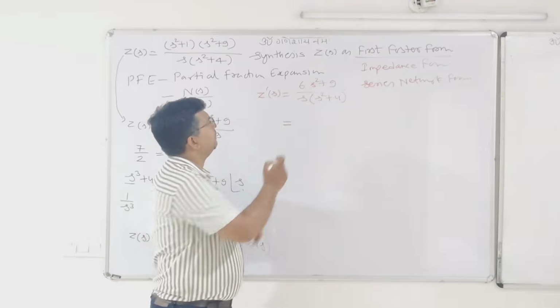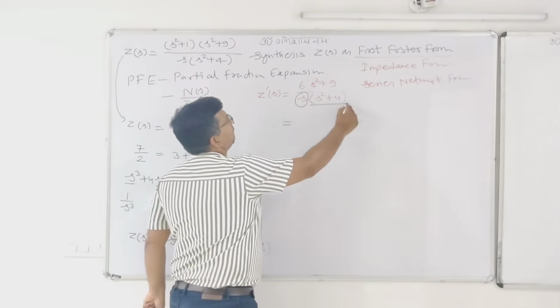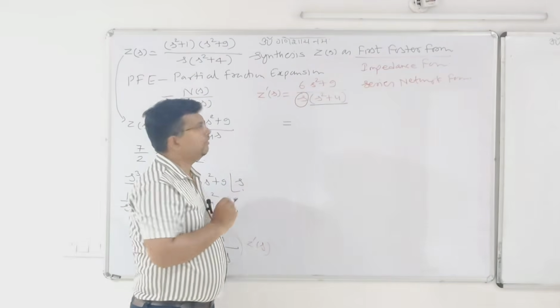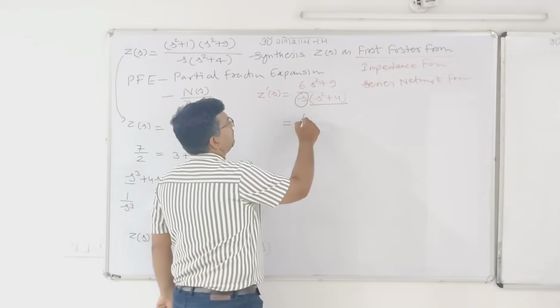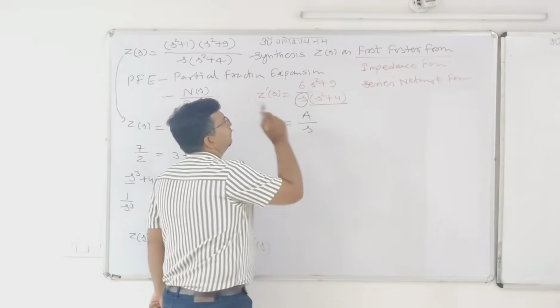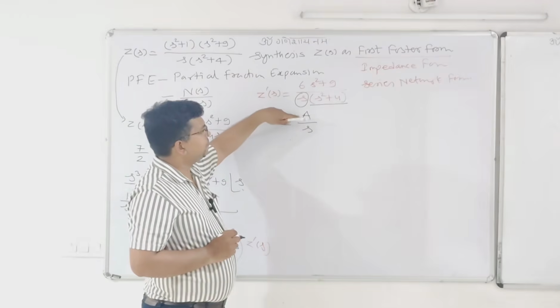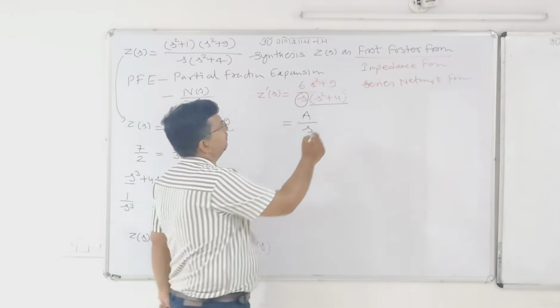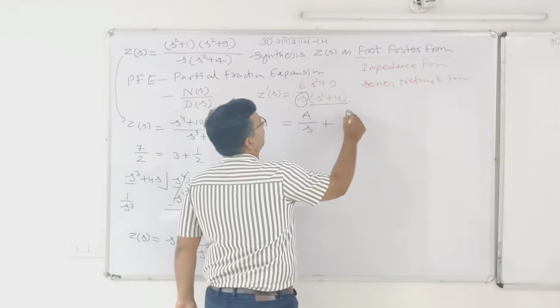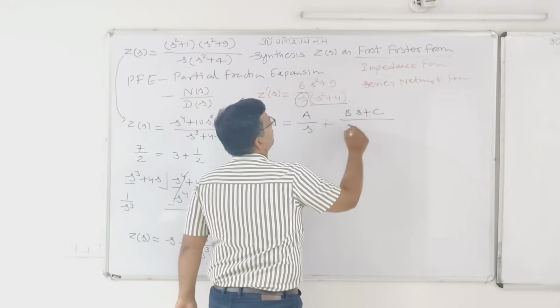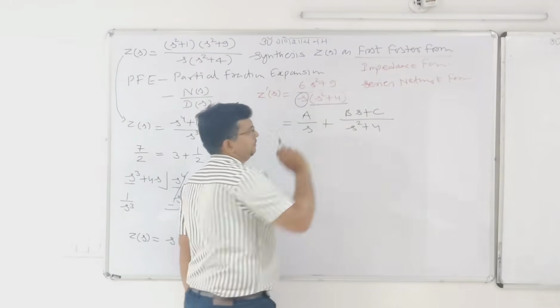One factor, s, is simple, while the other factor is quadratic. We have already studied this in 11th class. For the simple factor, the partial coefficient will be A upon s, while for the quadratic factor, the partial coefficient is Bs + C.